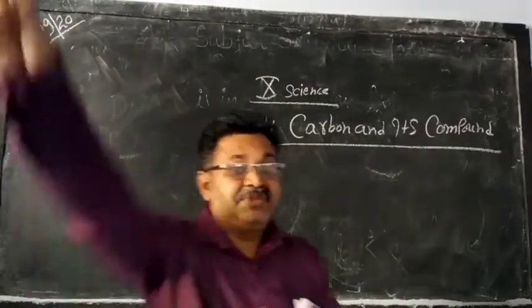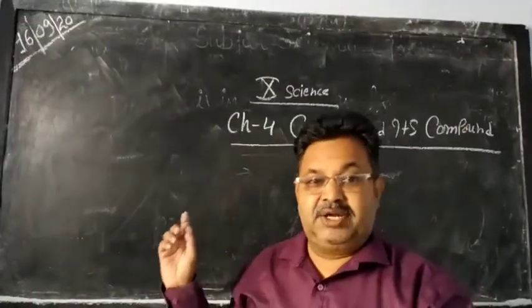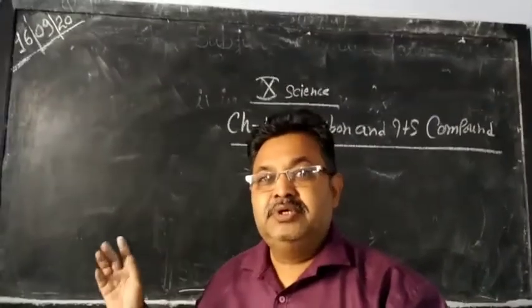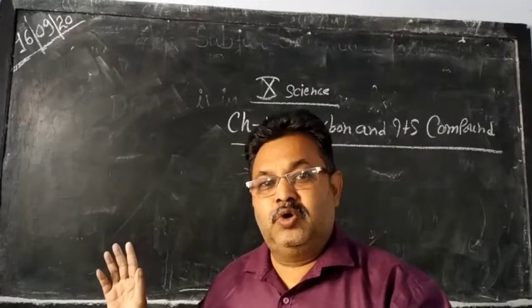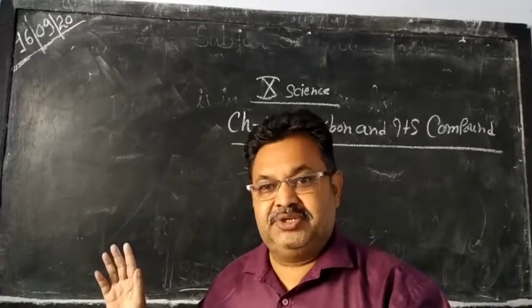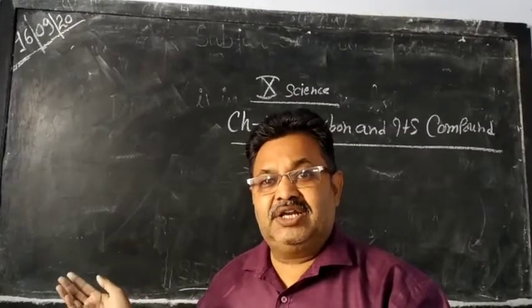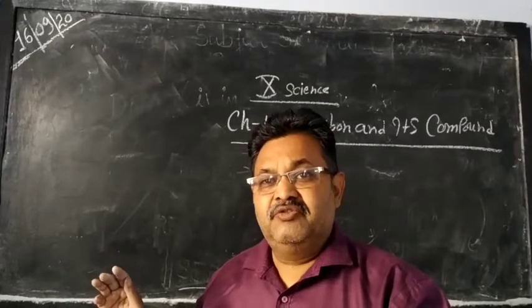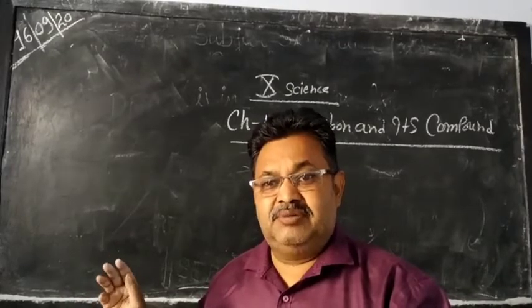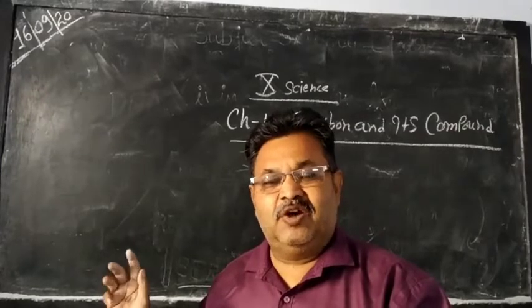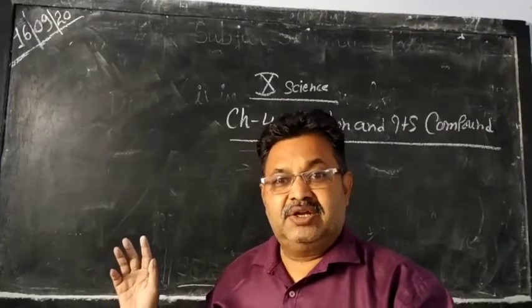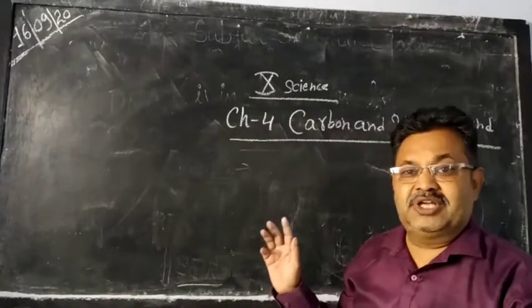This chapter, carbon and its compounds, belongs to the branch of chemistry known as organic chemistry. In our earlier lectures, we discussed some chapters of inorganic chemistry, like metals and non-metals and some chemical reactions.